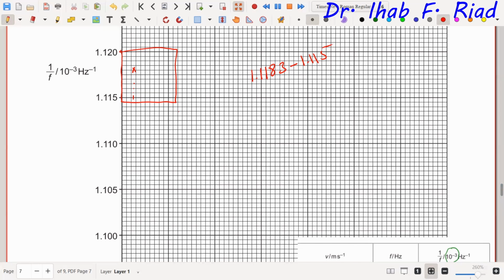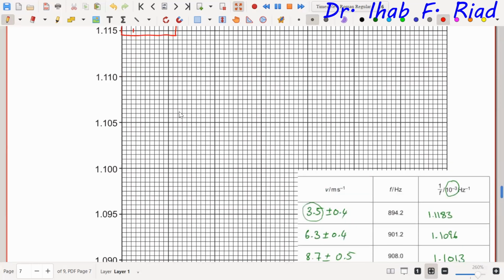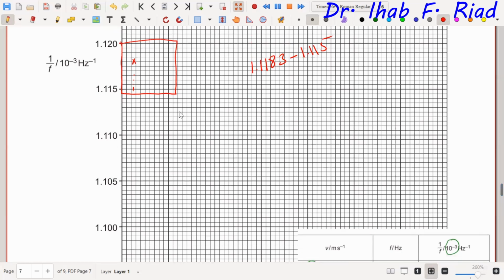What about the error bars? Was it 0.4? Can I see the table? Yes, 0.4. So it is 0.4 divided by 2, which is 0.2. So 2 steps to the right and 2 steps to the left. So it is 1, 2, over here.